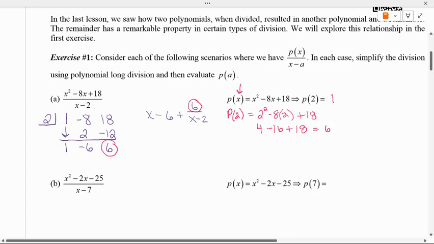So P of 2 equals 6, which tells you that you have a remainder.